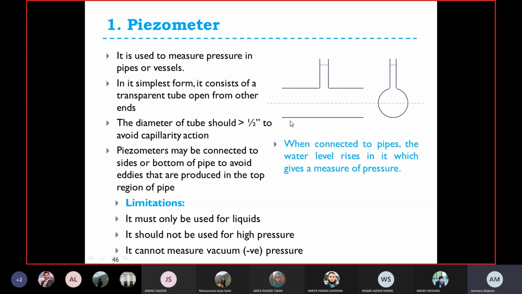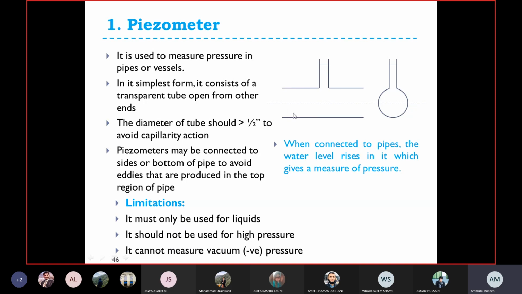You can use this piezometer for the measurement of pressure of liquids only. If a liquid is flowing in a pipeline, then you can measure the pressure with the help of piezometer. And if the pressure is very high in this pipeline, you need to install a very high tube in order to measure that high pressure. So you cannot measure high pressure with the help of piezometer because it is cumbersome to use, or installation is difficult.